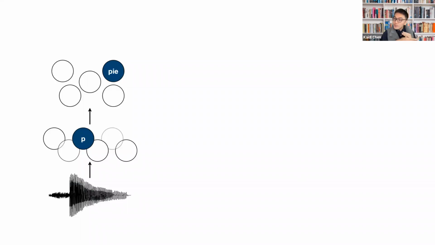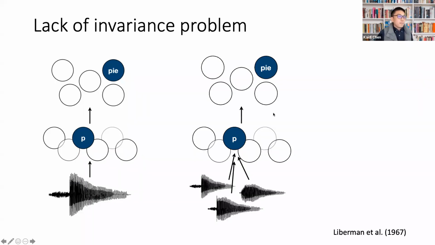Listeners map the acoustic speech signal to meaning. That is, listeners recognize the speech sounds that form the building blocks for higher levels of comprehension, such as words. As you can see here, pi. However, natural speech exhibits substantial acoustic phonetic variation, such that speech context varies.